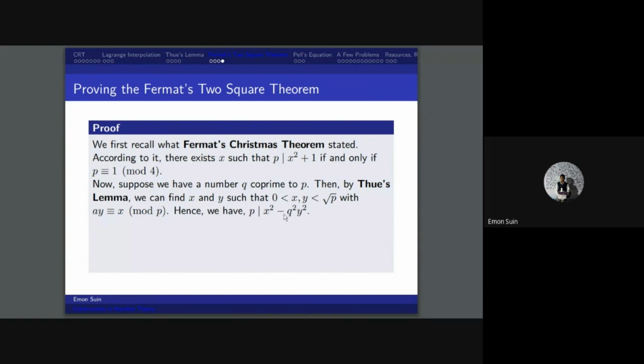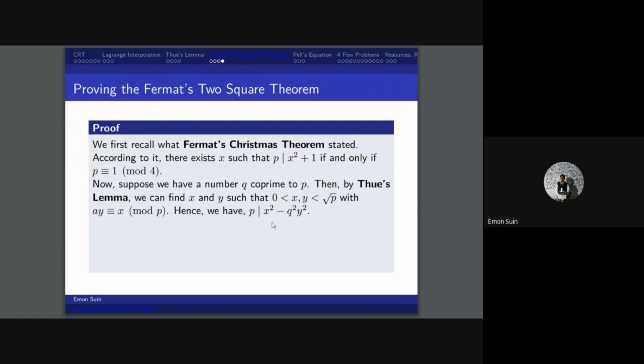Take this x to the left hand side and then you get qy minus x is congruent to 0 mod p, and then multiply x plus qy with it. So we're getting that p divides x square minus q square y square.